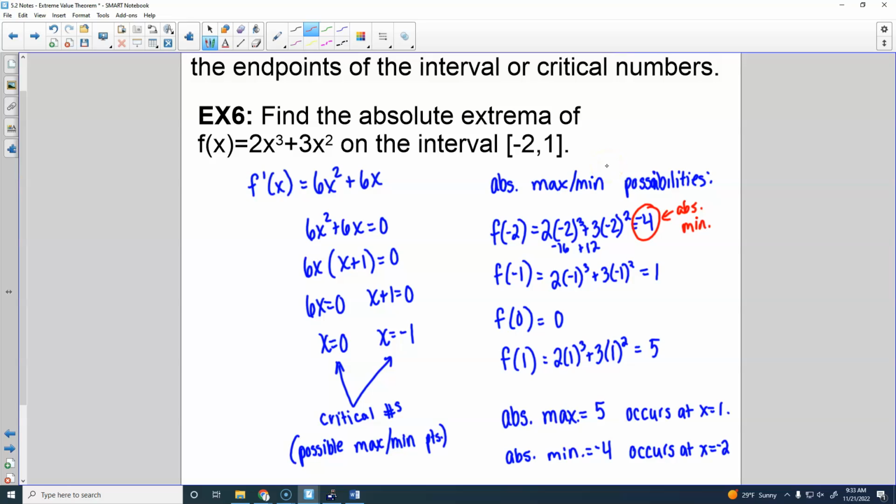And depending on how they ask for the absolute extrema, meaning they want the maximum and the minimum, so that's the y coordinate. Sometimes the question may ask for the x coordinate where it occurs, and if that is the case, then it would be important that you include this occurs at. I like doing this every time anyway, in case you misread the question and it was wanting that. But this one is asking for the extrema, so if you only put the y coordinates, that would be okay.